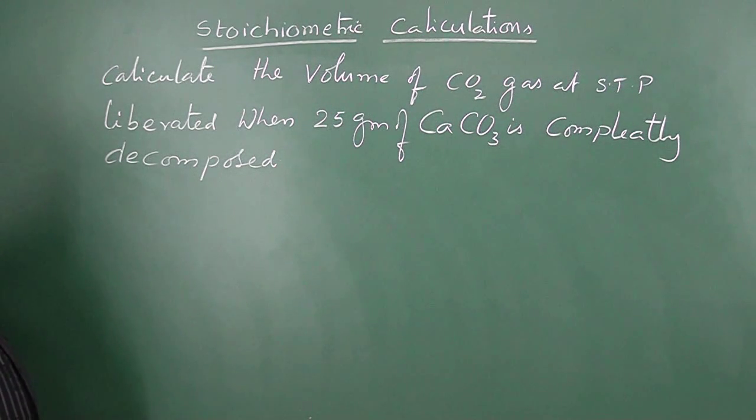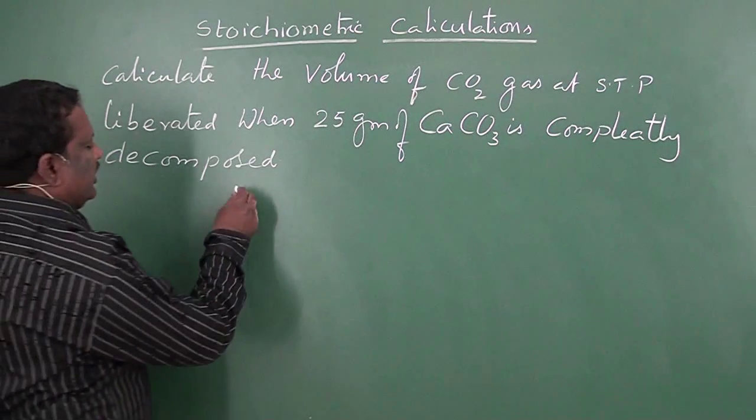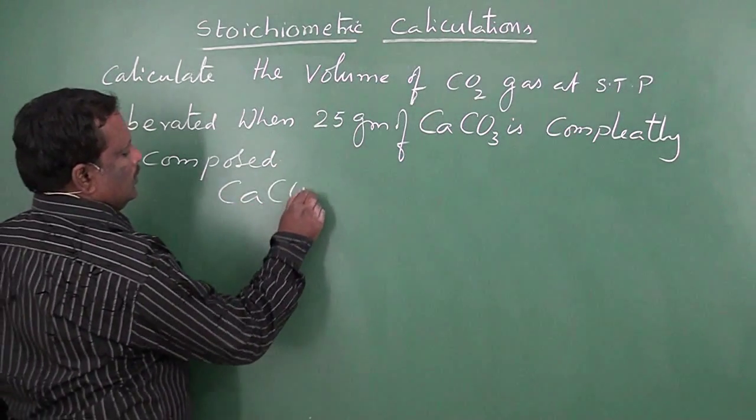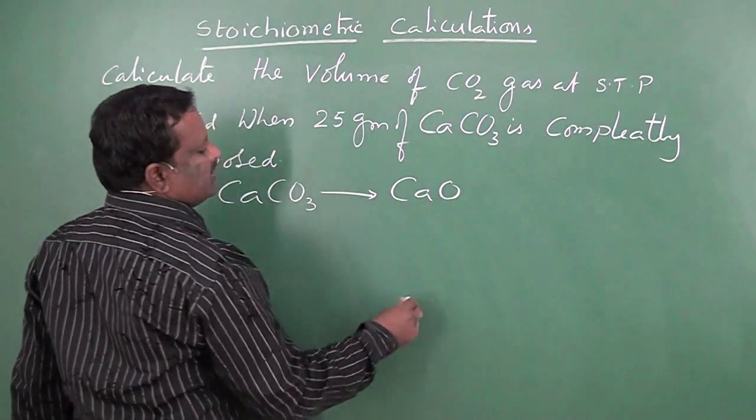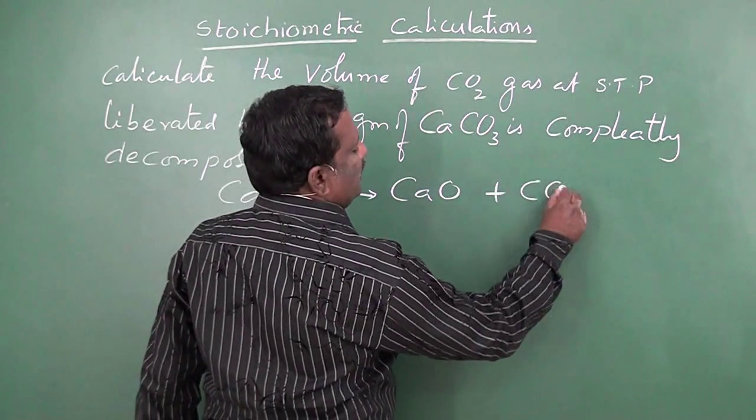We already know that when calcium carbonate is decomposed, it gives calcium oxide and carbon dioxide. So CaCO3, when decomposed, gives us calcium oxide and carbon dioxide.